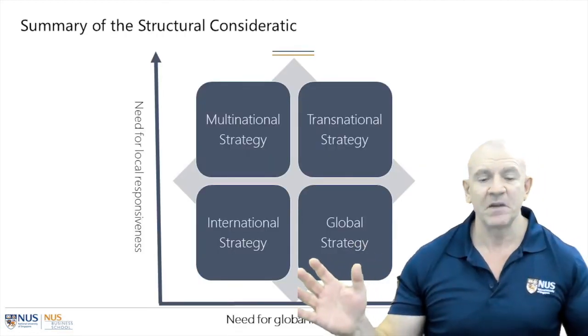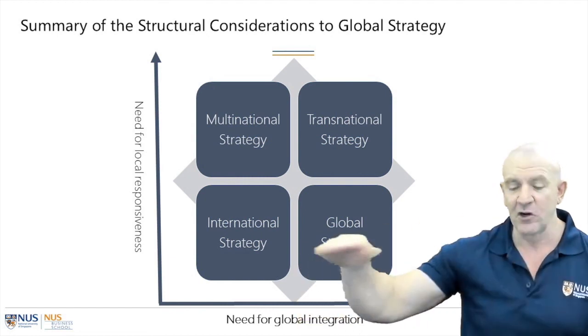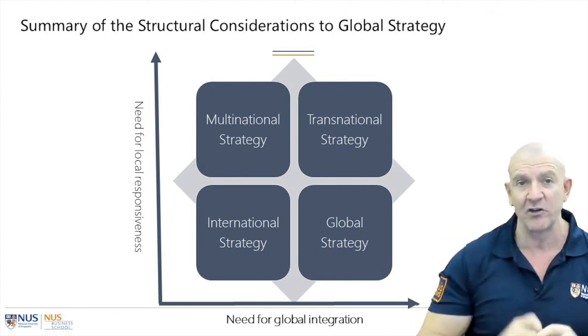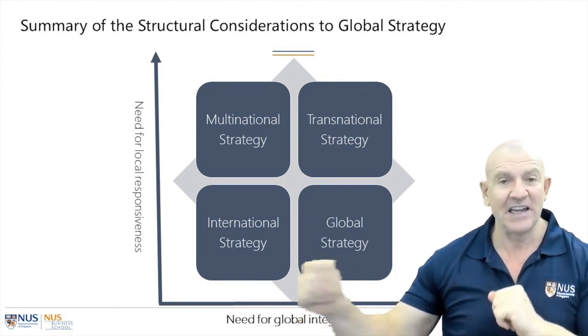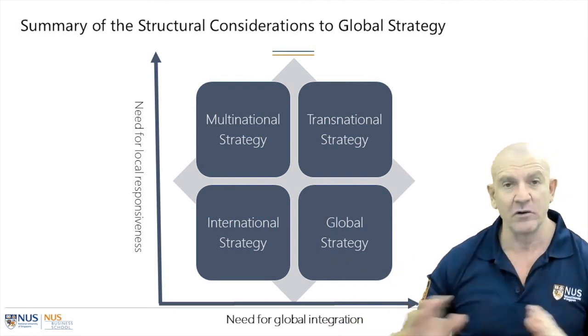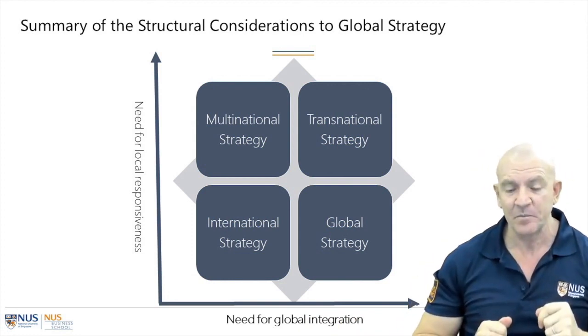Here's a summary of the structural considerations of the global strategy, right? Again, need for global integration, need for national responsiveness. Notice I flipped the axes to keep you on your toes. Yields either to a global strategy if responsiveness is low and global integration is high, world is flat. If it's very spiky, we go for the multinational strategy.